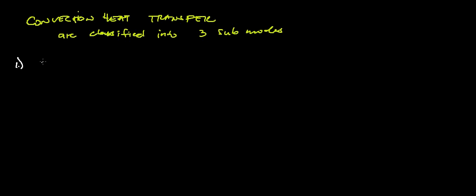The first one is what we call forced convection. Technically, when we say forced convection, the flow or motion is caused by external means. What are those external means?